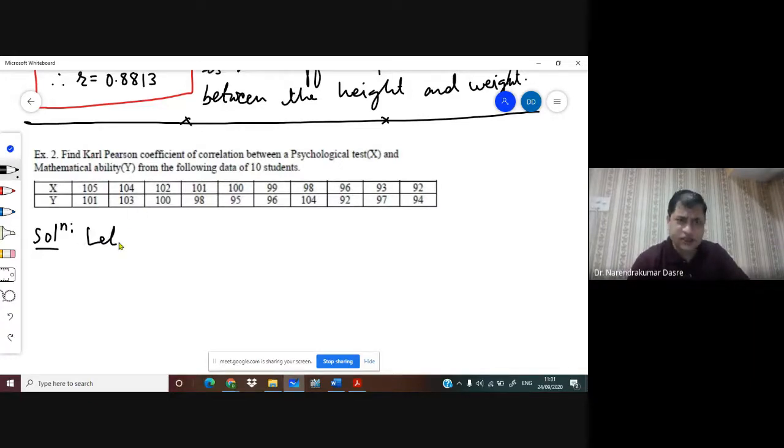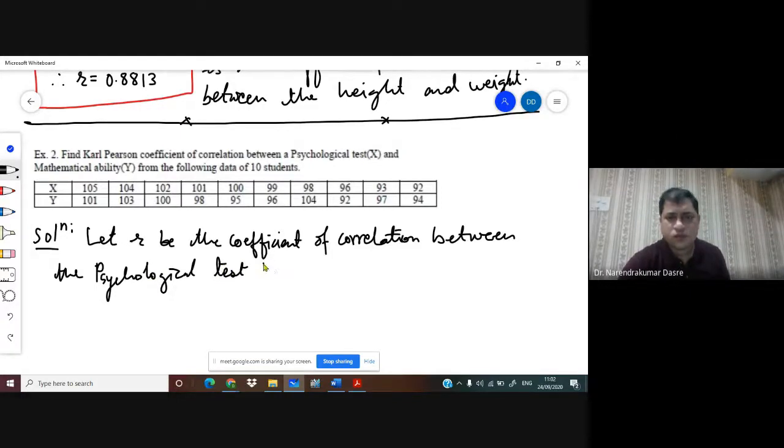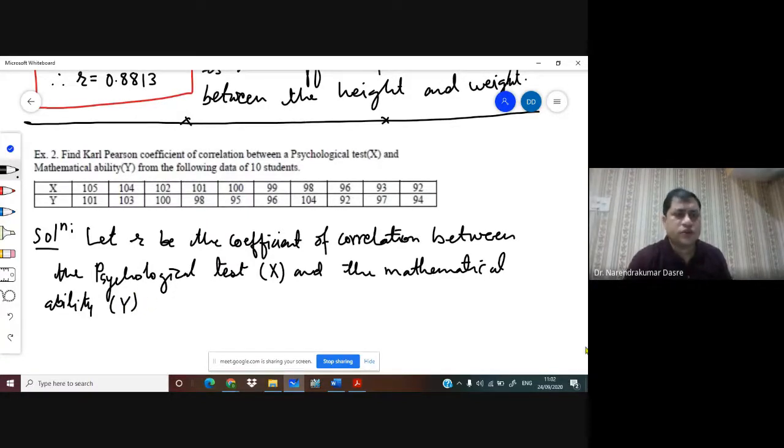So let r be the coefficient of correlation between the psychological test X and the mathematical ability.